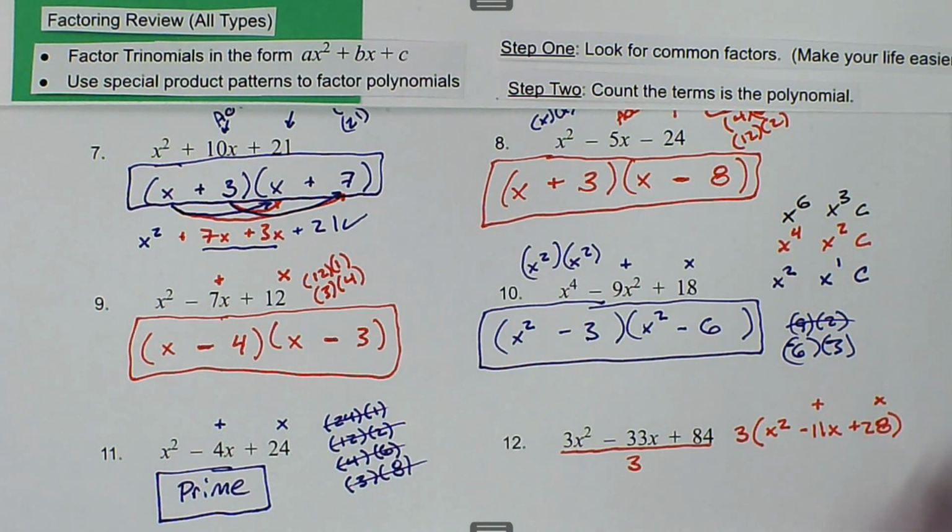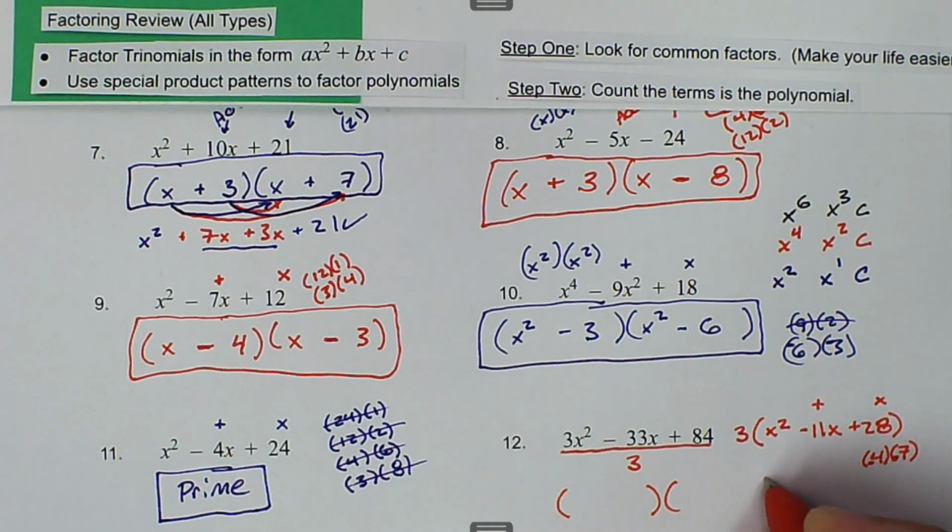So off the top of my head, the only thing that I can think of, other than like 2 and 14, but that's not going to get us to negative 11, we have 4 and 7. But they have to add to a negative. So we can make it negative 4, negative 7. That still multiplies to a positive 28 and adds to negative 11. So we're all set there.